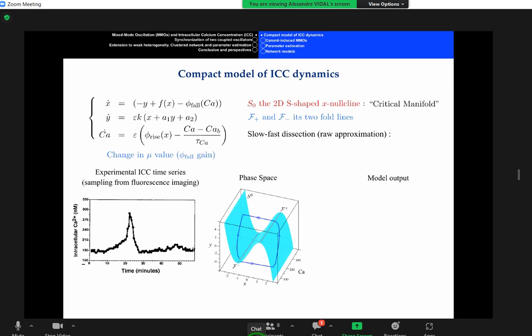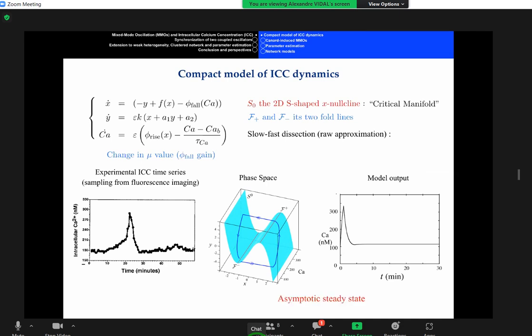And starting from a certain location in the phase space, we are able to reproduce a single oscillation and go back to a stable equilibrium.